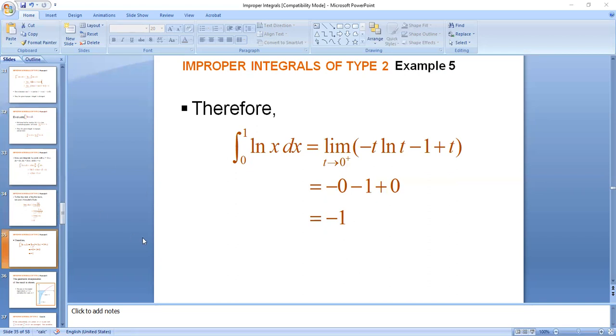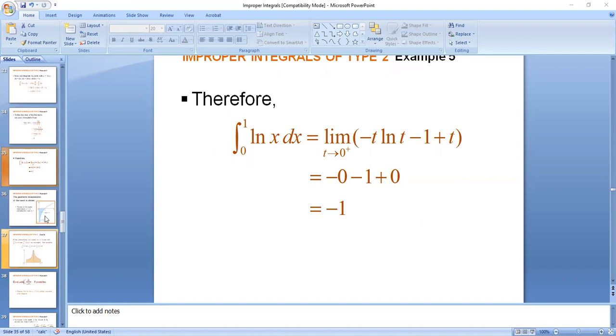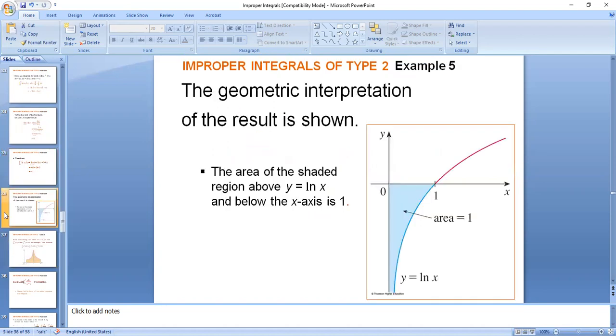So you have that. Now, what is the graph of the function? This is actually the graph of the function, y equal to ln of x. As the limit 0 is approached from the right, that is why 0 plus, the curve will be extending infinitely downwards, and this part here will be asymptotic to the line x equal to 0.